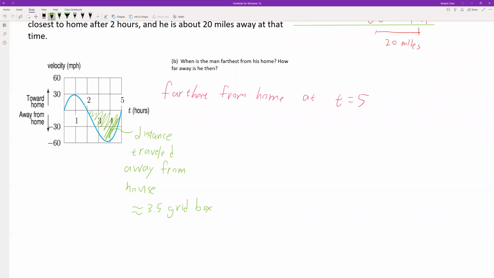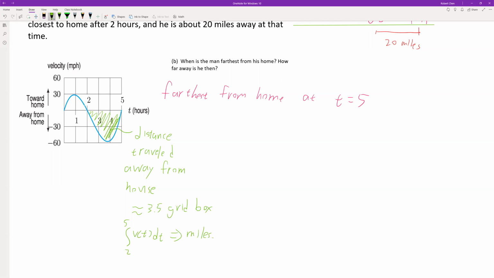Okay, so the distance traveled away from the house, just like part A, we can represent using a definite integral going from 2 to 5 of v of t dt, which will also have units in miles.